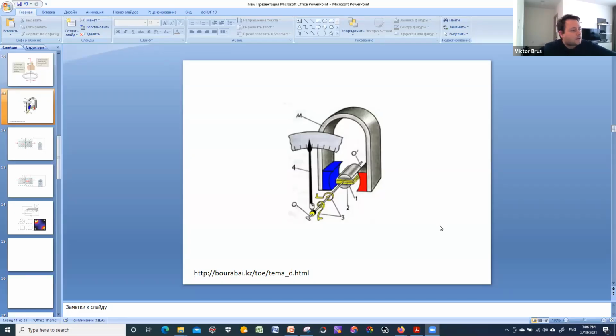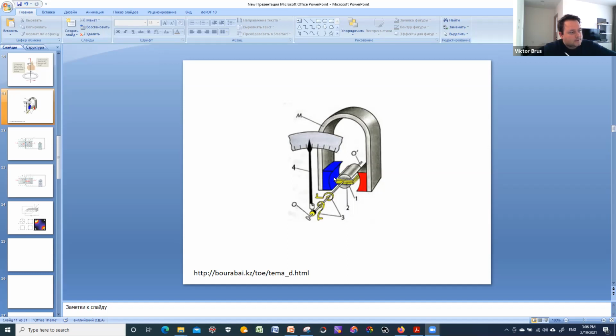So last time I was describing some electromagnetic system. So probably it would be better to show an image of this to make it more clear. So here you see a schematic representation of such electromagnetic system where we have a permanent magnet, with a uniform magnetic field created between the poles of the permanent magnet.